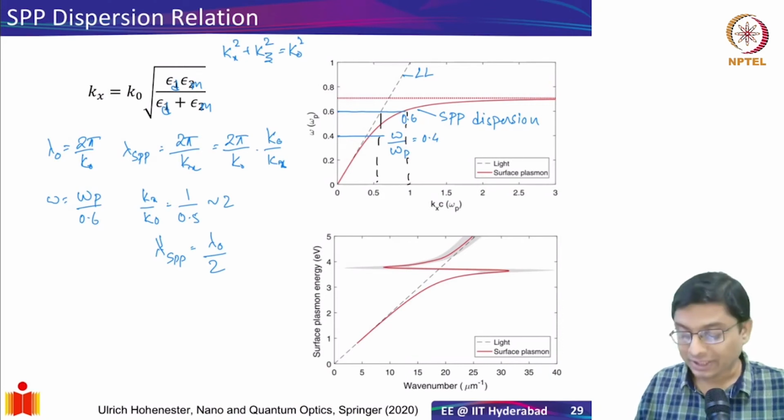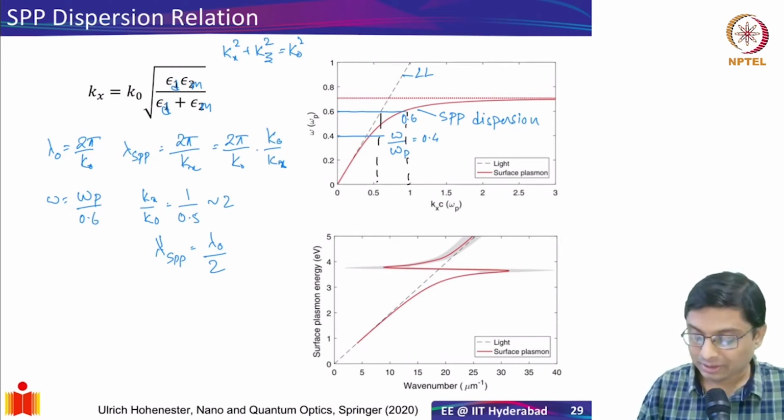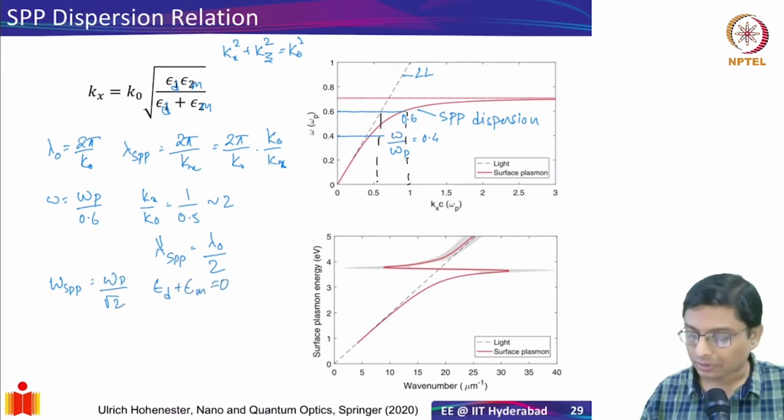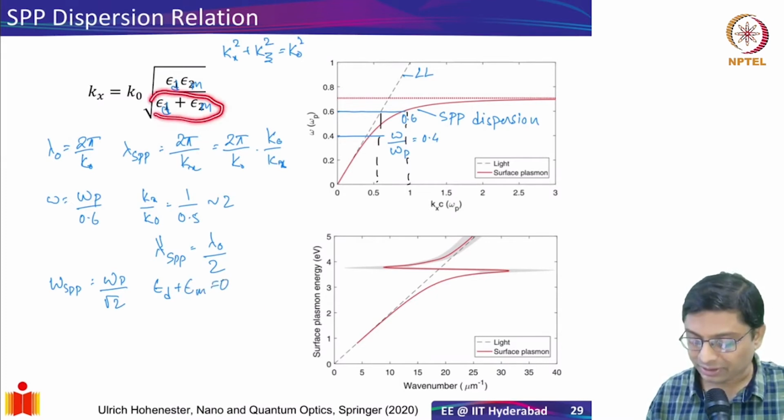But if I hit a condition wherein I have omega SPP, what is omega SPP? We saw that it is omega p divided by root 2. When does it occur? It occurs when epsilon dielectric plus epsilon metal equals 0. So, I end up in a situation for optical constants where the denominator goes to 0.